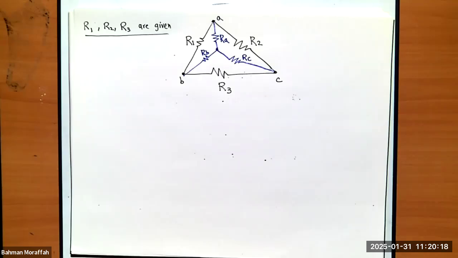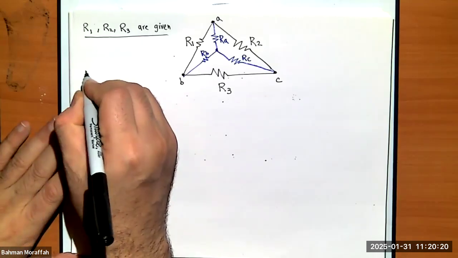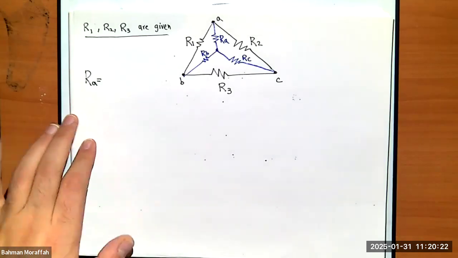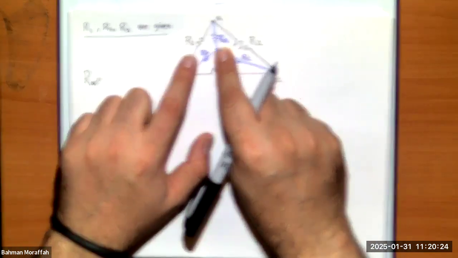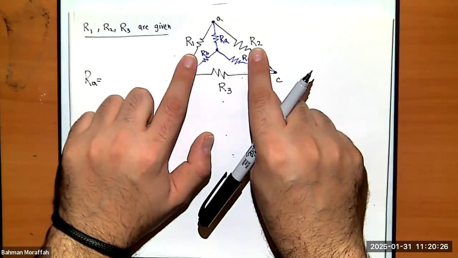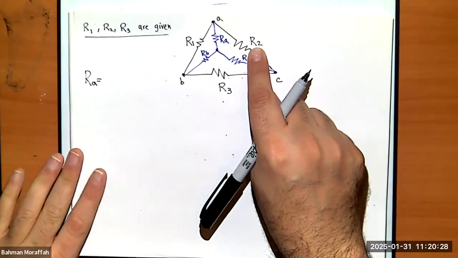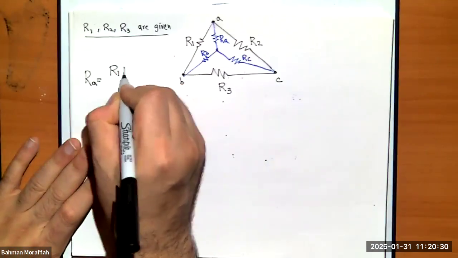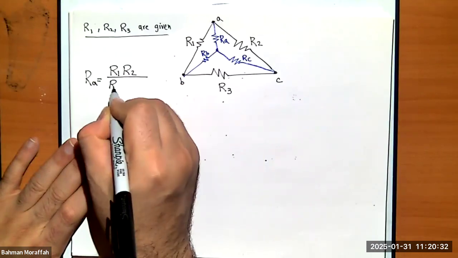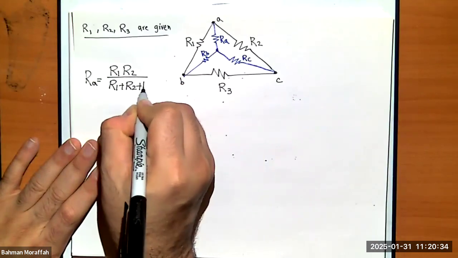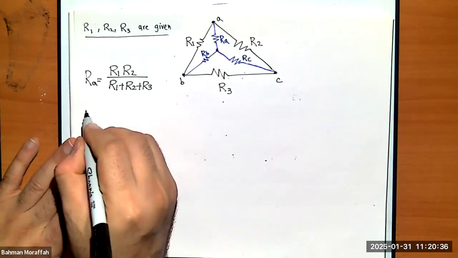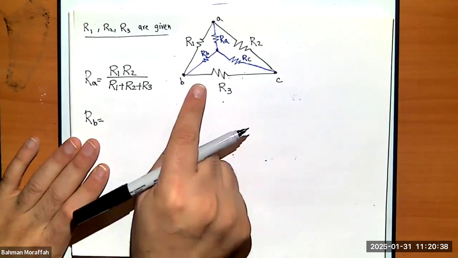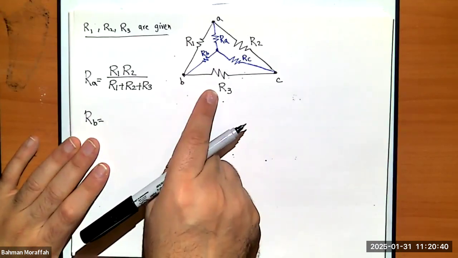That's the simple one. To find RA, we're going to look at RA, and we're going to see it's between R1 and R2. So the numerator would be R1 times R2 divided by R1 plus R2 plus R3. RB is between R1 and R3.